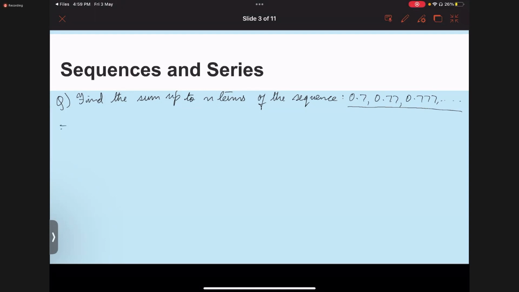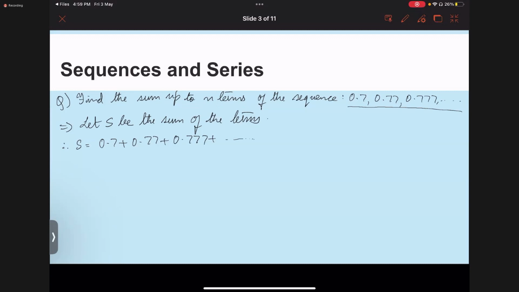So how do we simplify this? Let S be the sum of the terms. Therefore, your S can be written as 0.7 plus 0.77 plus 0.777, and we have been given that it is up to n terms, plus up to n terms.